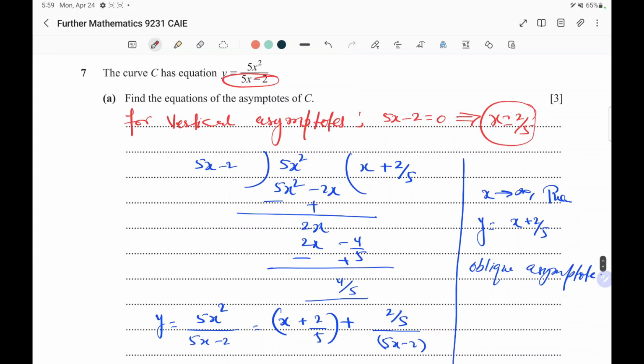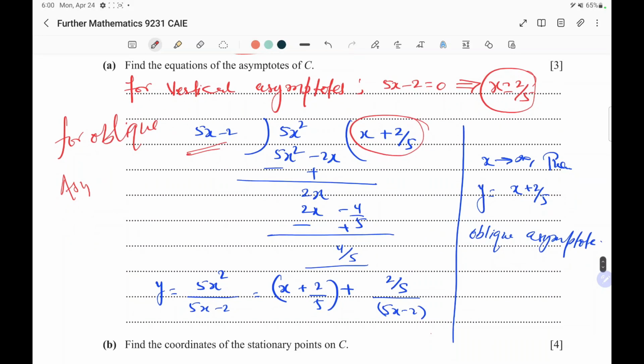And for oblique asymptotes, when the degree of the numerator is 1 greater than the degree of the denominator, then you should divide first. So when you divide 5x squared by 5x minus 2, you will get this quotient.